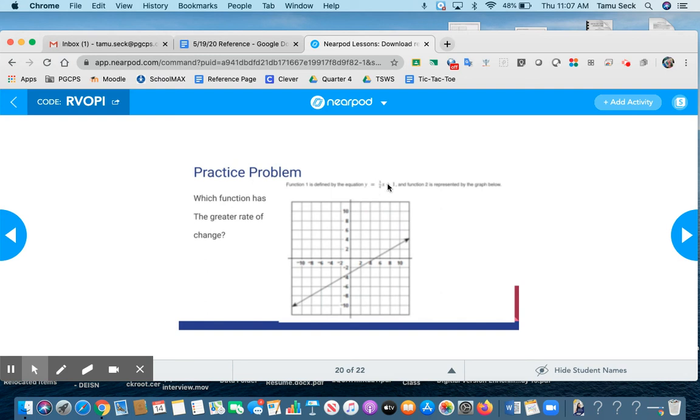Okay, in this problem, the slope is 3/4. And in this problem, you have to draw a right triangle. So we look for, so we can put a dot here.